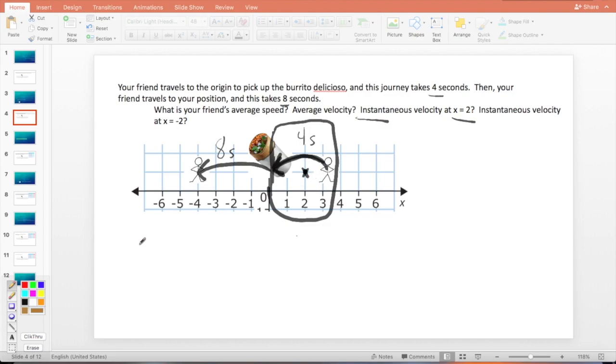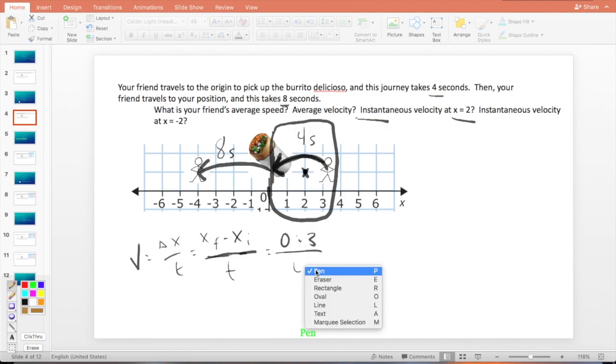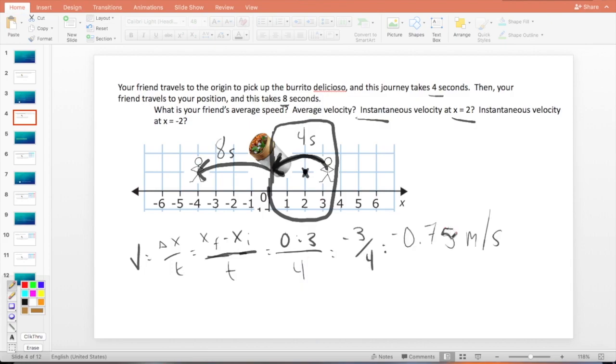So instantaneous velocity is just the velocity that we're going to calculate the exact same way, but just kind of zoomed in for this part of the journey. So delta x over t, zoomed in, focusing on this part of the journey, they end up at 0. They started at 3, and that whole thing took 4 seconds. That is their velocity for this part of the journey.